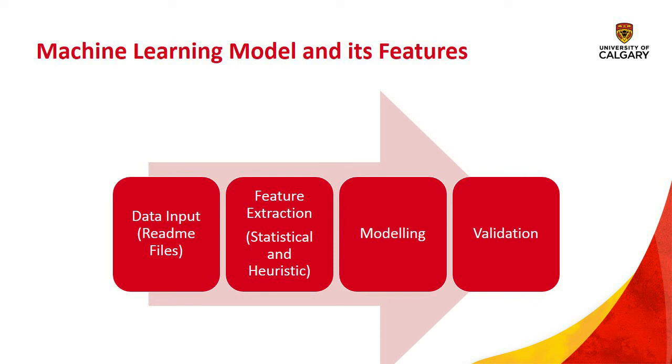We will then use that data and input it into an abstraction system as mentioned before, as well as extract the features from the data through the statistical TF-IDF, as well as the heuristic feature extraction as discussed before. We will then use this feature matrix and come up with a fitting model method, which we will validate at the end to see whether we can improve the performance of the model itself.